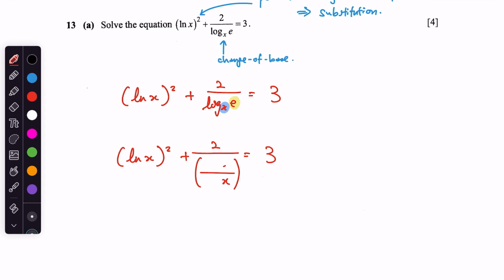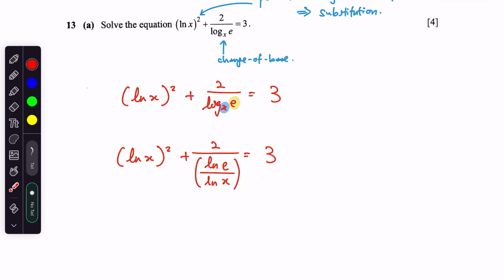Now I can choose log base anything, so I can choose any base I want. In this case, I'm gonna choose ln, log base e. And the good thing is that ln e is actually just 1. It's like saying log base e of e.